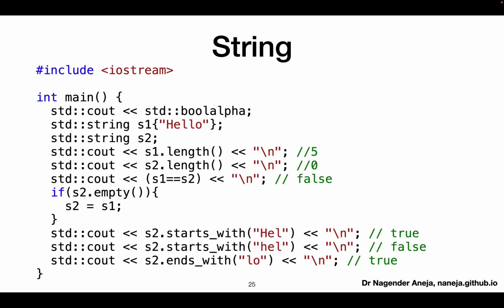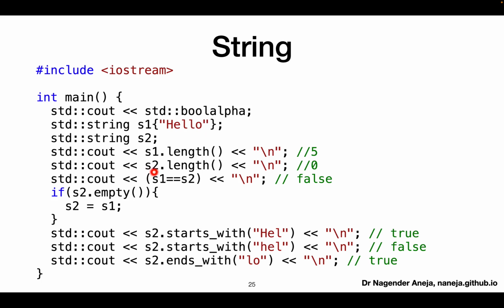Similarly, next we will use objects from the string class. In case of string, we have again used boolalpha for cout, and we have initialized s1 with hello, and s2 we have not initialized, so it means that it is empty. If we compute the length of the string, we can say s1.length, and this will be displayed as 5 because there are 5 characters here.